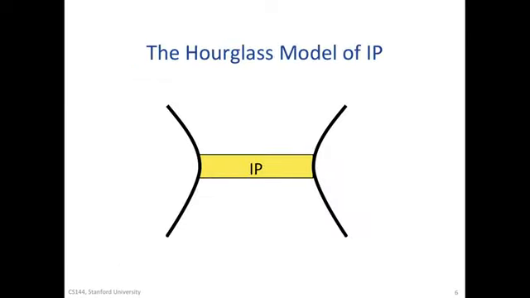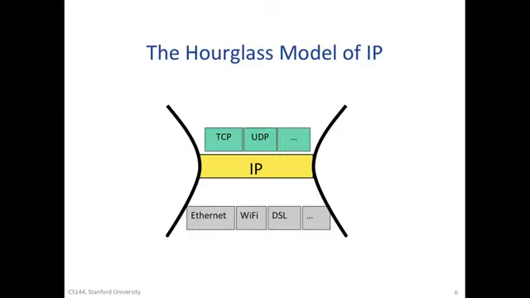People often refer to an hourglass model of IP. That's because whenever we use the internet, we're required to use IP. It really defines the core of its operation. IP is designed to operate on any type of link layer or physical layer that runs below, like Ethernet, Wi-Fi, DSL, cable TV, etc. And we can run lots of different transport protocols on top, TCP, UDP, and we'll see some others later.